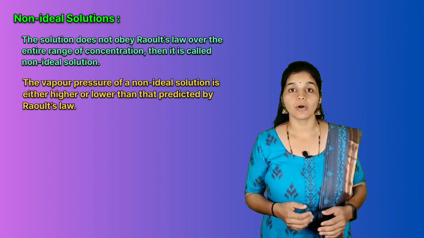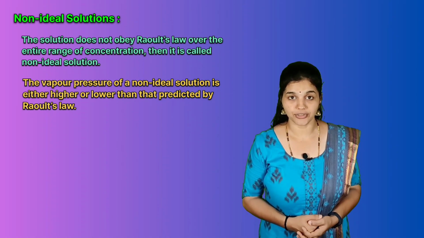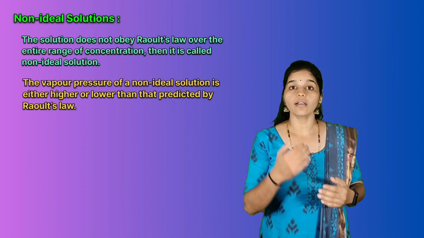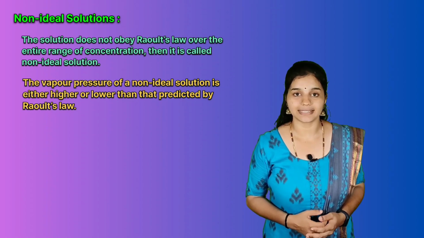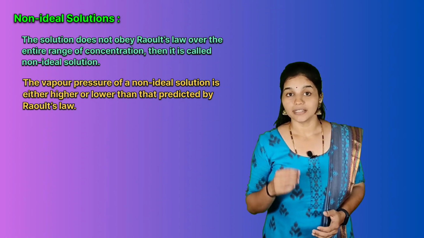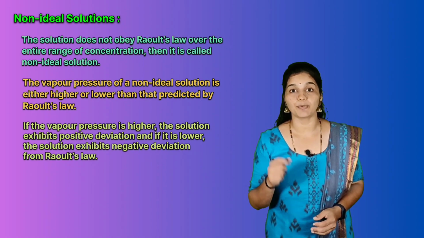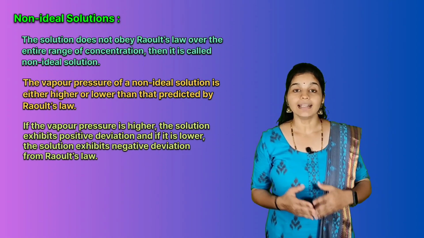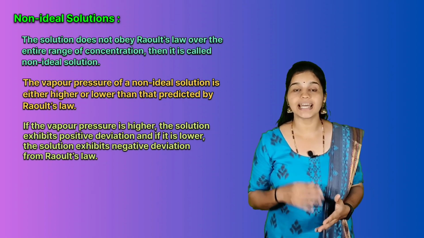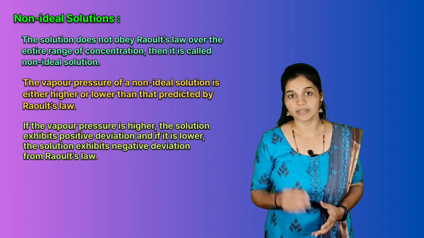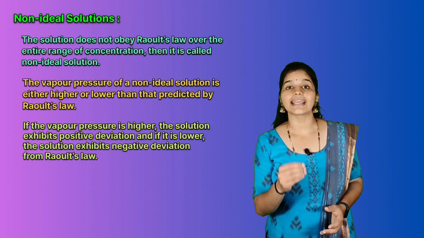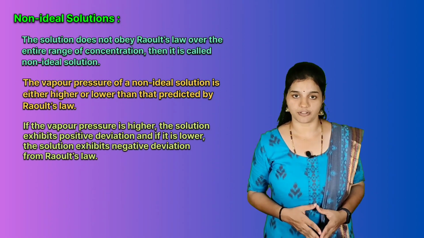The vapor pressure of a non-ideal solution is either higher or lower than that predicted by Raoult's law. If the vapor pressure is higher, the solution exhibits positive deviation, and if the vapor pressure is lower than expected from Raoult's law, the solution exhibits negative deviation from Raoult's law.